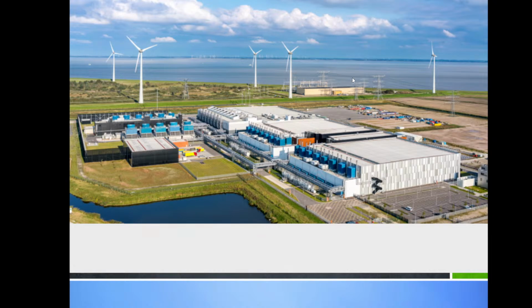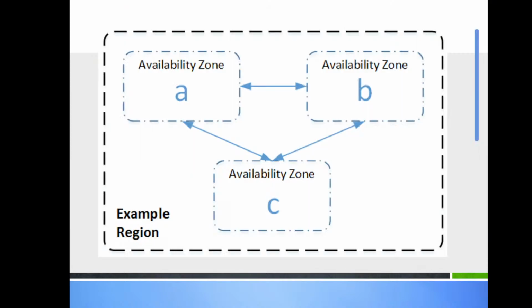Okay. You can see this availability zone has a power supply, backup, cooling centers, and it should have high bandwidth as well. This is one availability zone. Similar to this, there should be a couple more availability zones, and the collection of three or more availability zones is called a region.